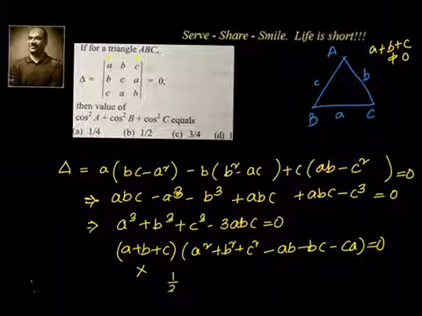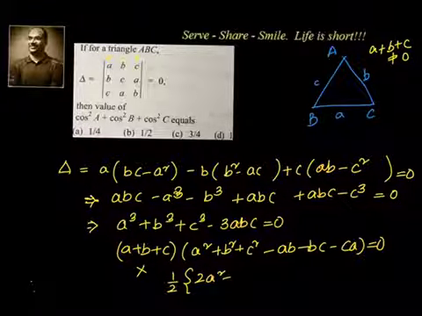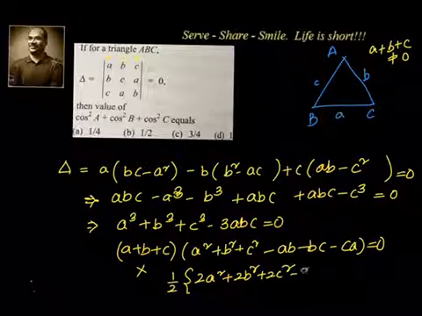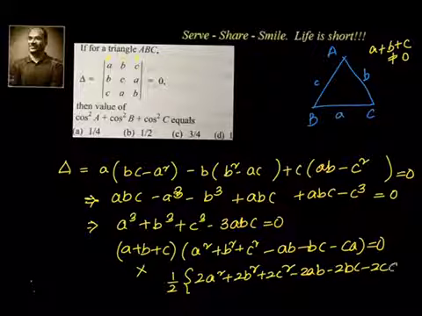I'll multiply the second part and write it as a half into 2A square plus 2B square plus 2C square minus 2AB minus 2BC minus 2CA equal to 0.